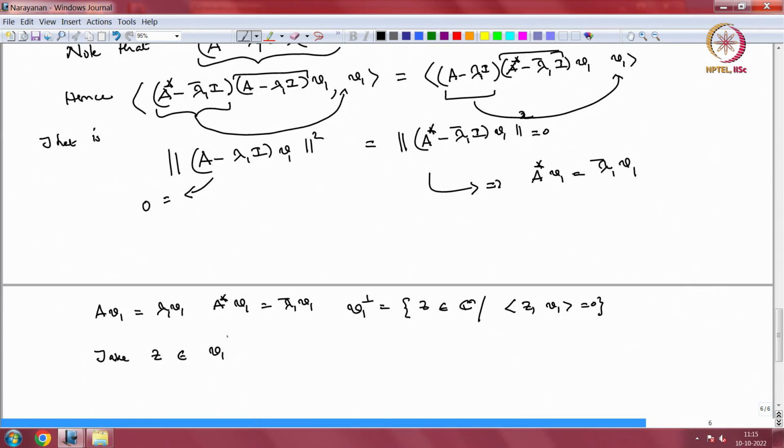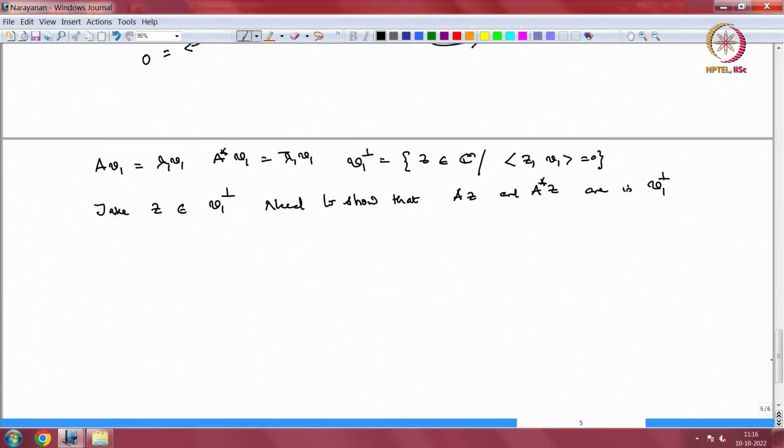Z in V1 perp. Okay. I need to show that A z and A star z are in V1 perp, right. That is what you mean by it is invariant under both A and A star.